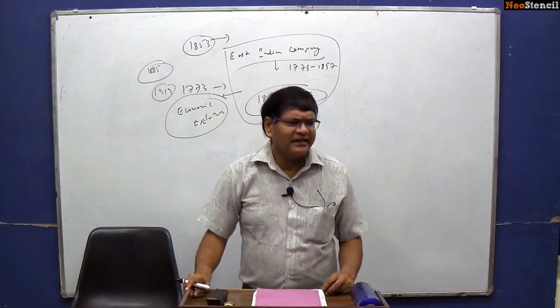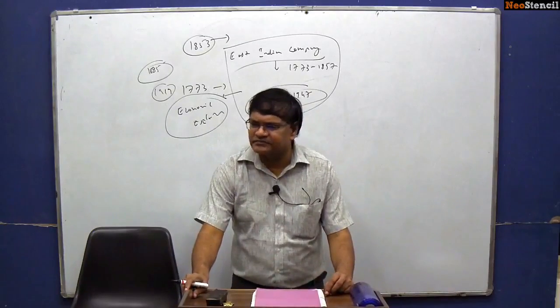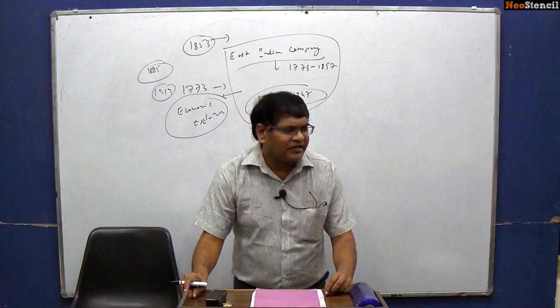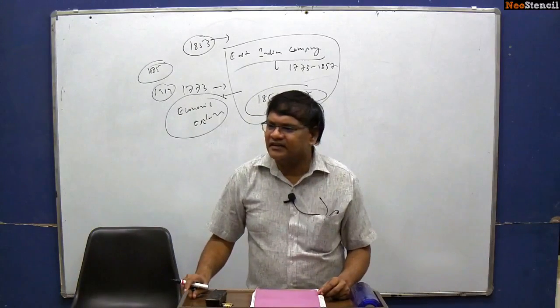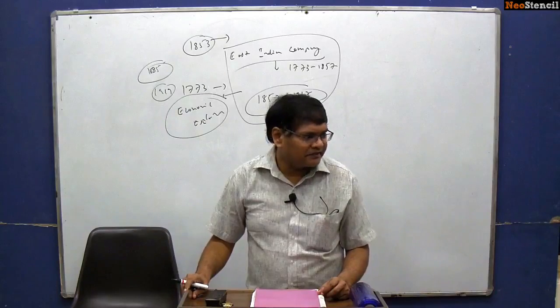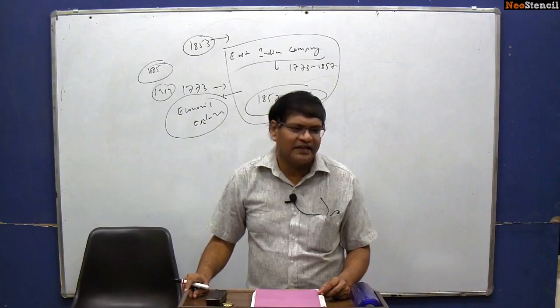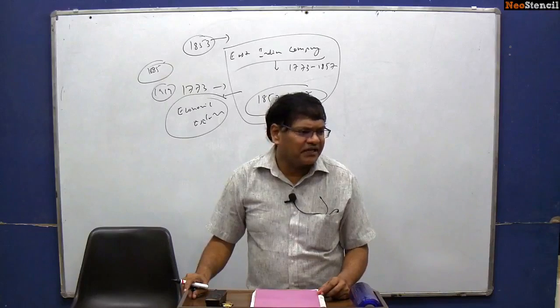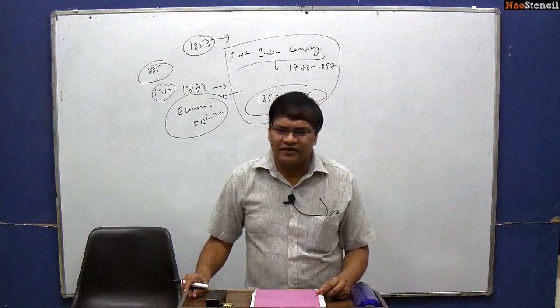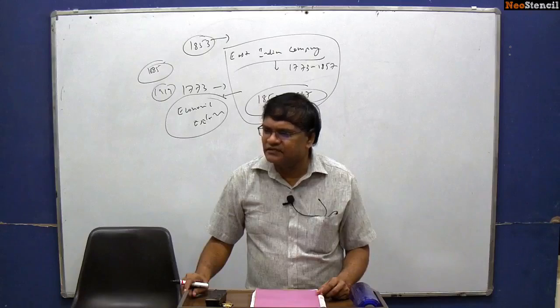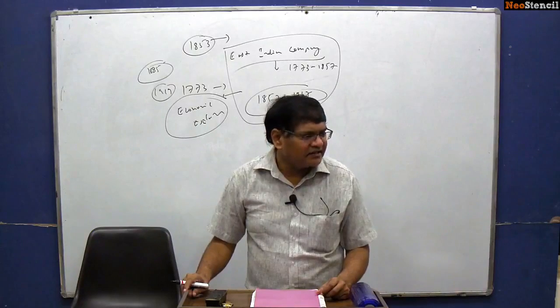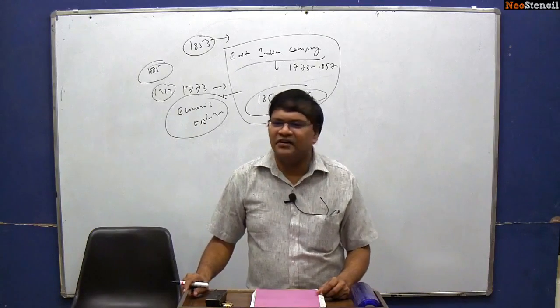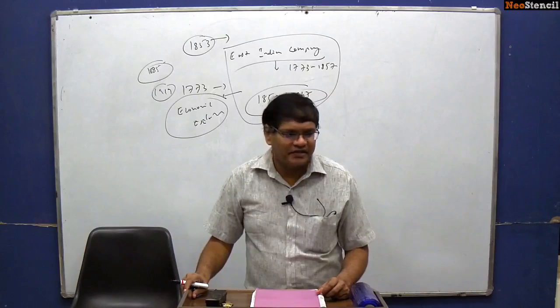Because till then in India we had only monarchy, dictatorship. In monarchy or dictatorship, the king or the emperor had absolute powers, legislative, executive as well as judicial. It was the Britishers who introduced the modern concept of rule of law in India. Whatever they had in their country, they tried to introduce, if not completely, partially.